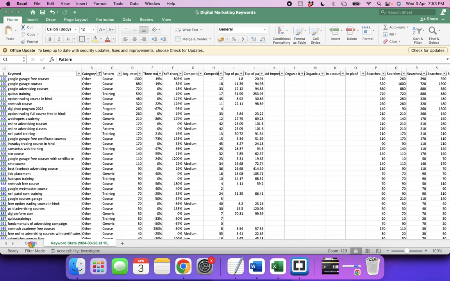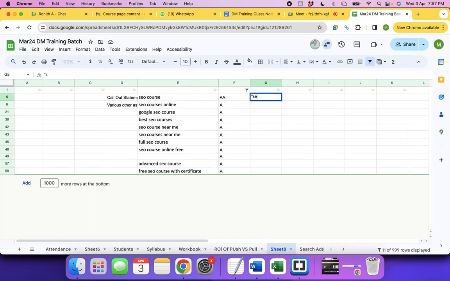So basically what we can do is we don't need all these A's now. I'll just bid on this for all the A's. Now look at this. If I'm bidding on this keyword in phrase match, phrase is something like this. SEO course. If I'm bidding on this keyword, phrase indicates show ads to all the keywords that contain SEO course in it.